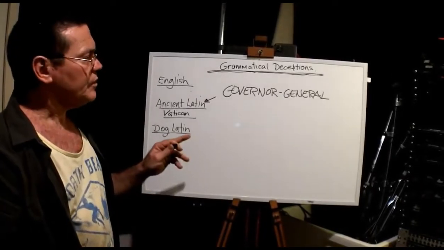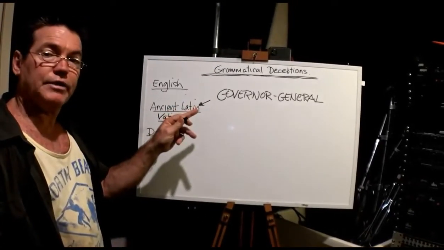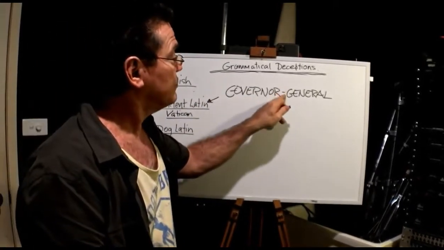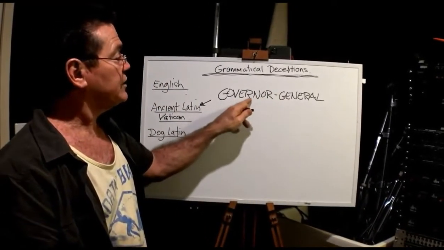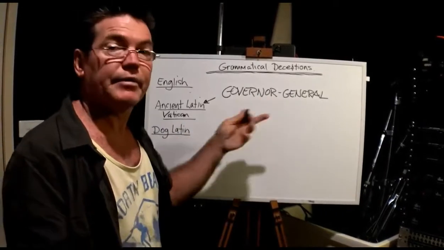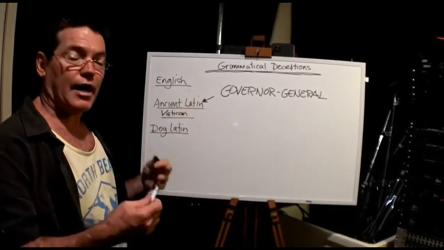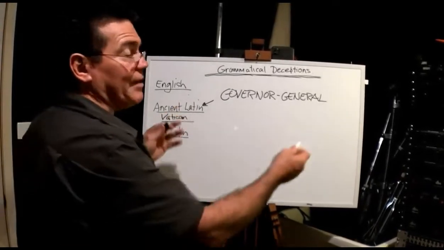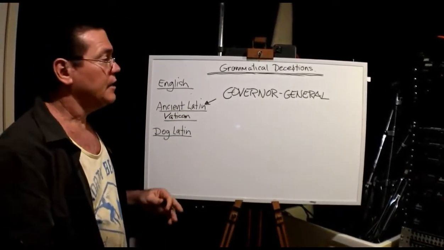But then, they've got that written on the website in proper ancient Latin with the hyphen there, which renders the two signs, Governor and General, coming together as two signs to make one sentence inside.